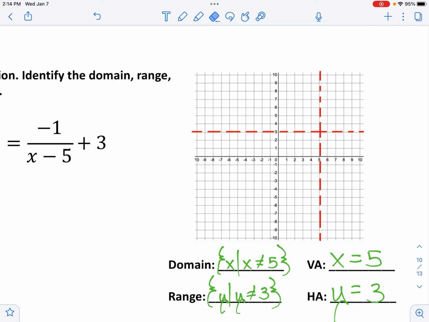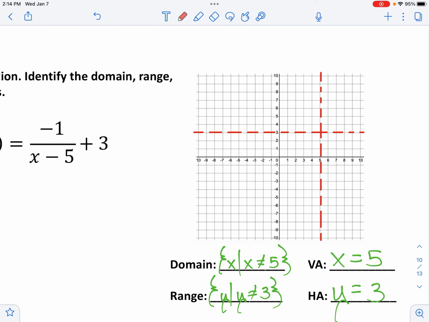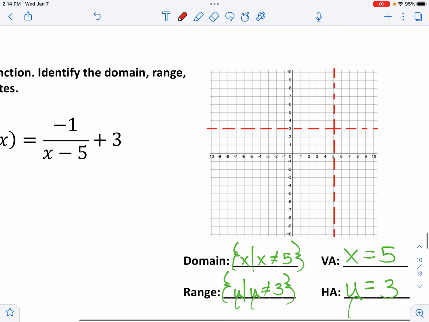Okay, now remember there's a reflection across the x-axis. So instead of being on these two spots, like here and here, I'm going to be over in this area and this area. I like to get a point or two in there to just see where I'm at.